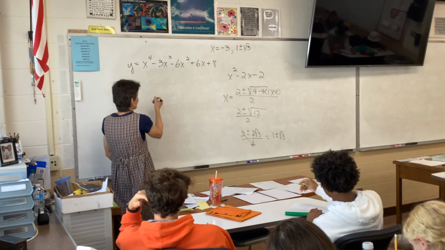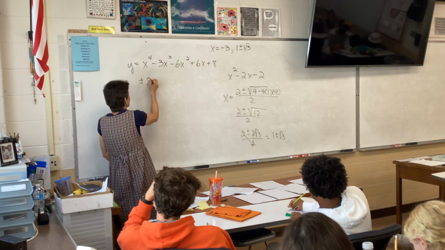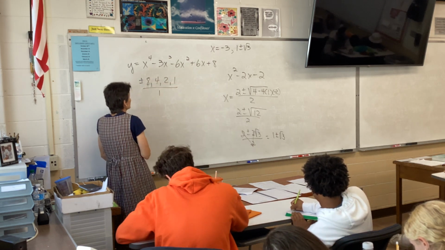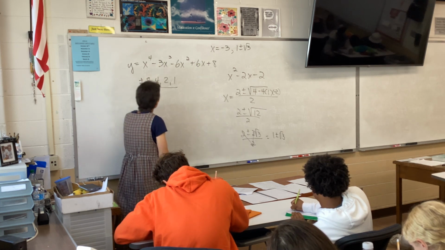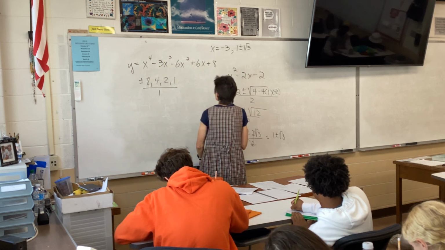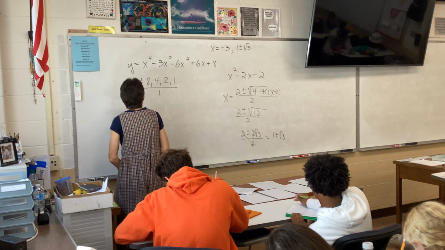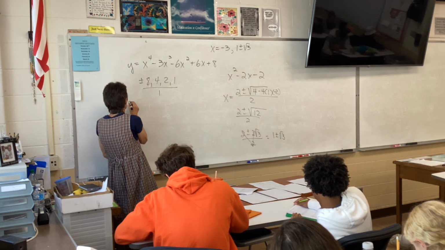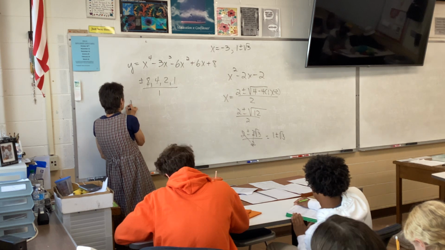All right, well, let's see. We got factors of 8 this time over factors of 1. Okay, anybody see one right off the bat? 2? 2 seems like a good option.